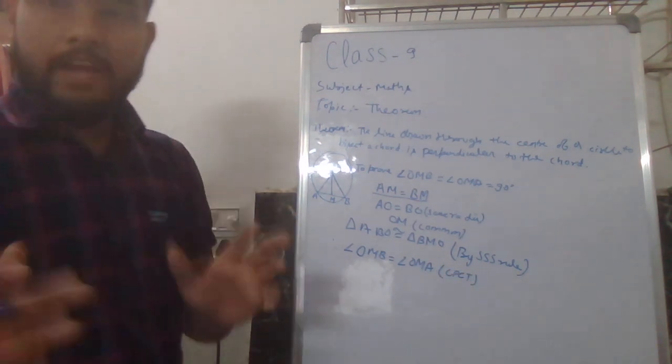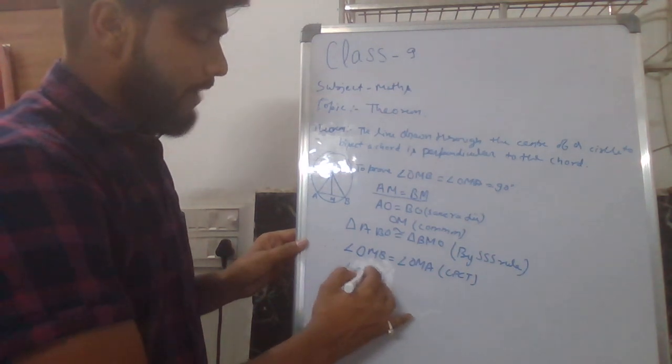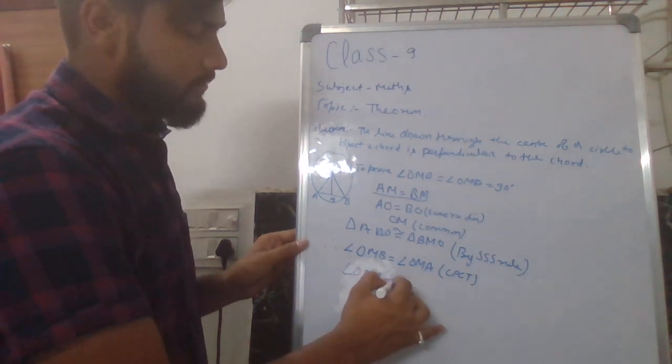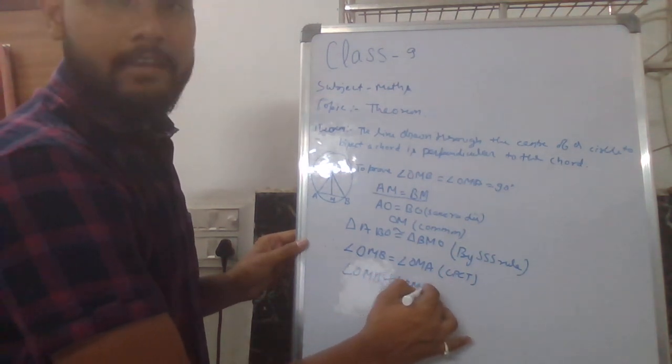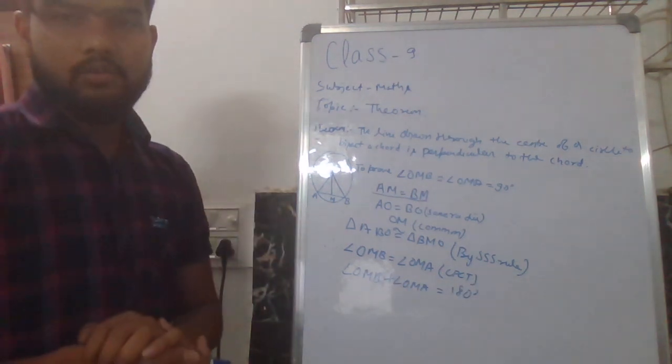Okay, so we know that angle OMB plus angle OMA is equal to 180 degrees.